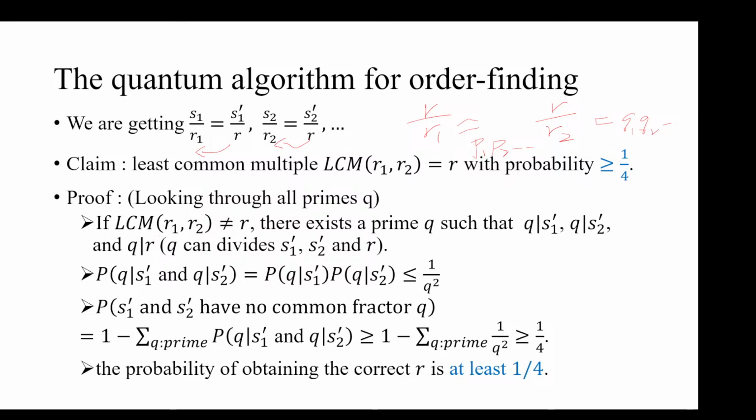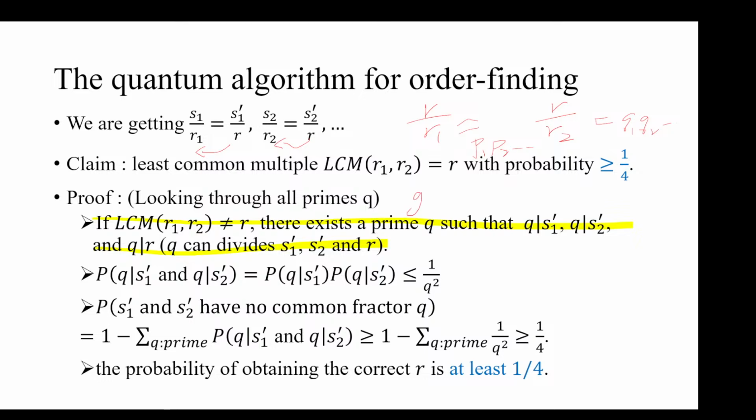Any questions so far? So we're saying we have this R being a number we're trying to find, and we draw random S1 prime, S2 prime, and we see how S1 prime over R and S2 prime over R can be simplified to two numbers co-prime to each other. So I guess I should say we are writing down S1 R1, S2 R2 as the simplest form.